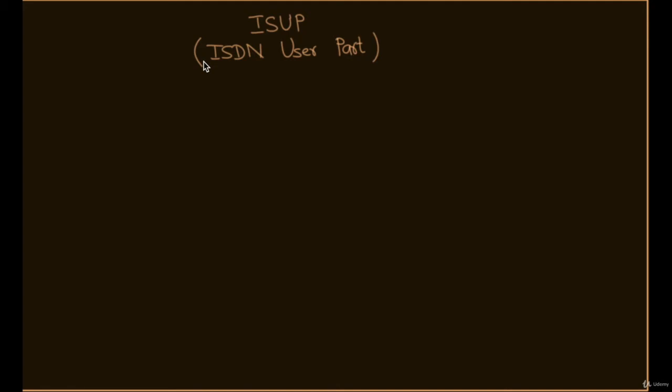Okay, so before we jump into this ISDN user part, let us understand what this ISDN is. It's the Integrated Services Digital Network. Our standard telephone system is there to deliver just a voice call.